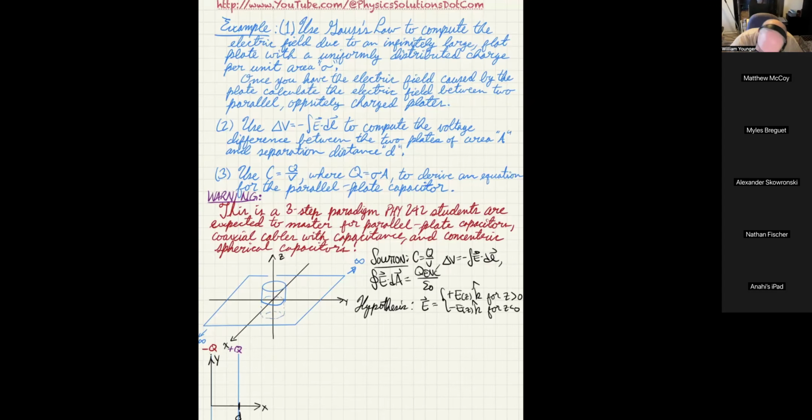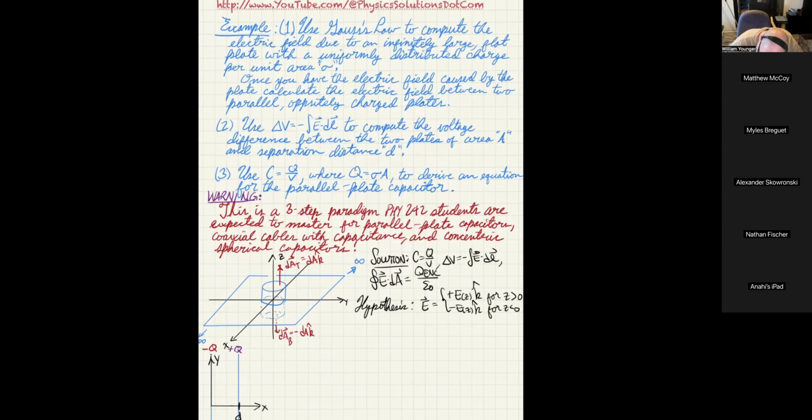And because of that, we're going to have a dA for the top equal to dA k hat, and the dA for the bottom is going to equal negative dA k hat because it points down.